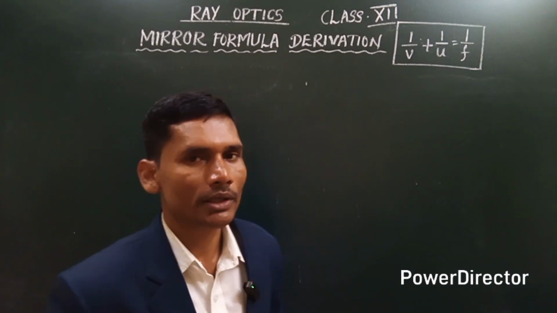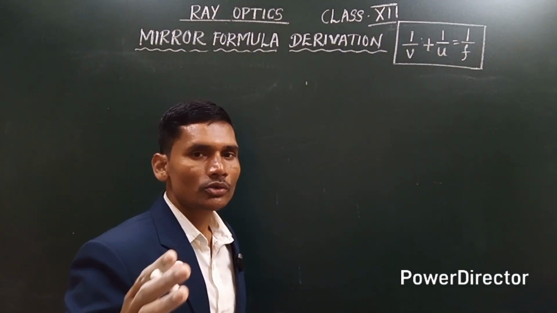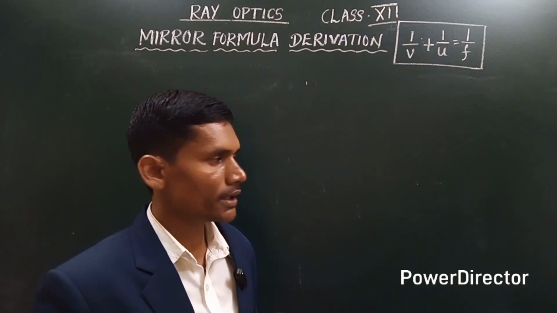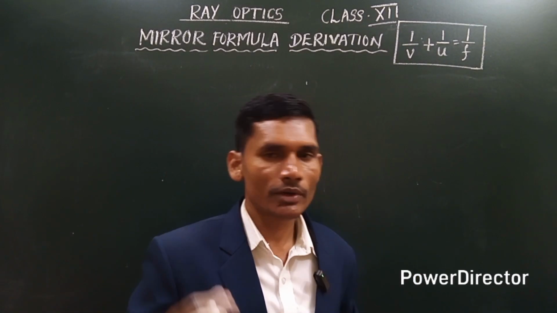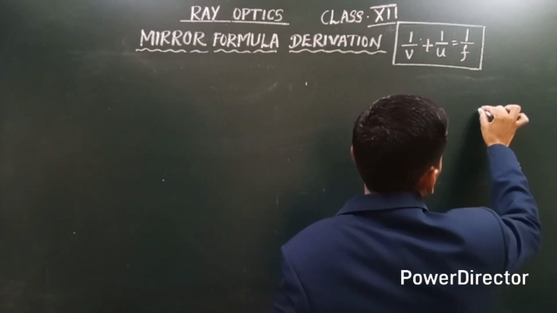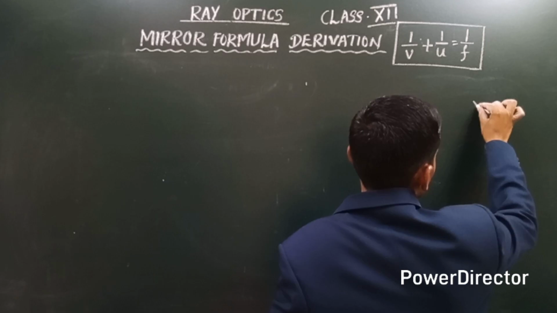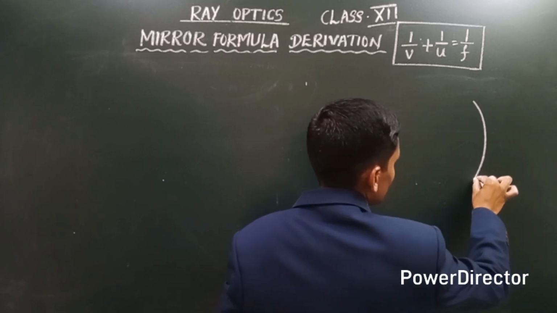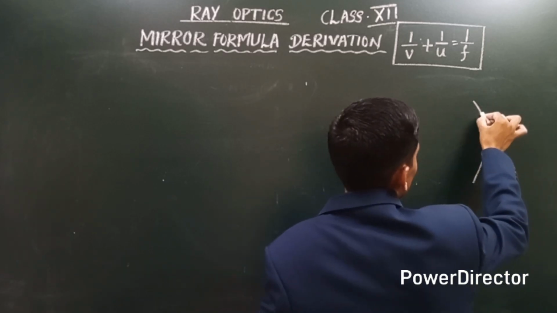Now let us go ahead with how to derive the mirror formula. How to start? First you need to consider a concave mirror. If you draw the concave mirror, you have to show it like this. Let MN be the concave mirror.